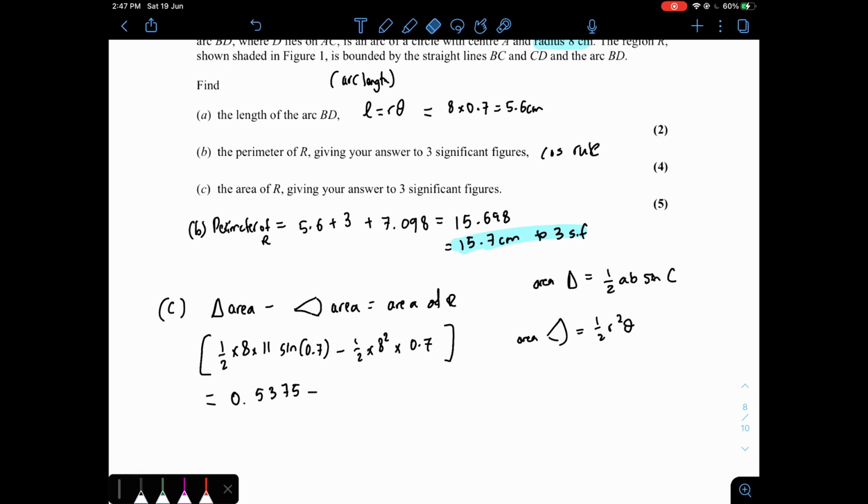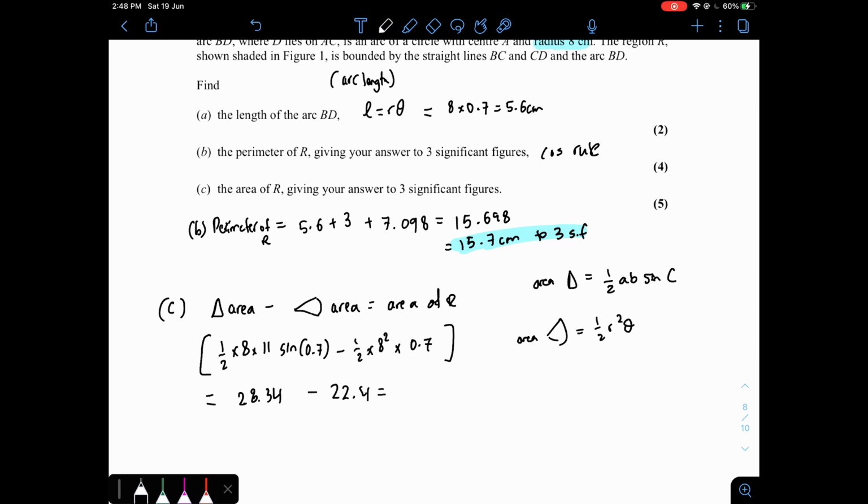Let me try again, that's my fault. This over here is wrong. This will be 28.34, take away 22.4.